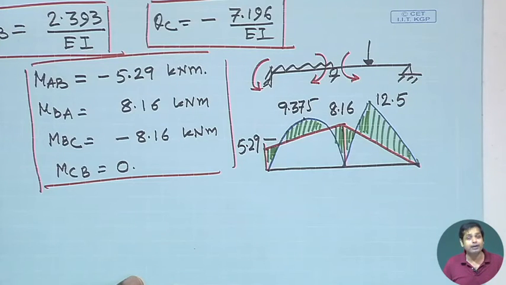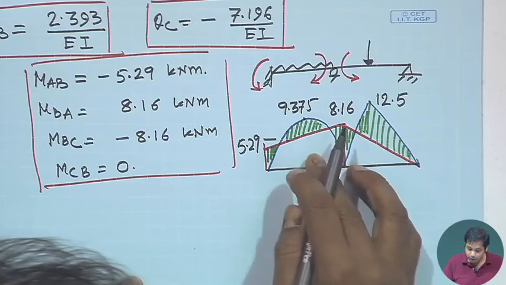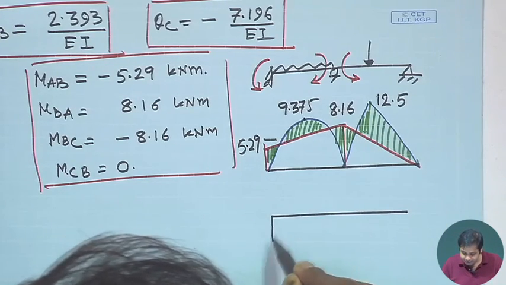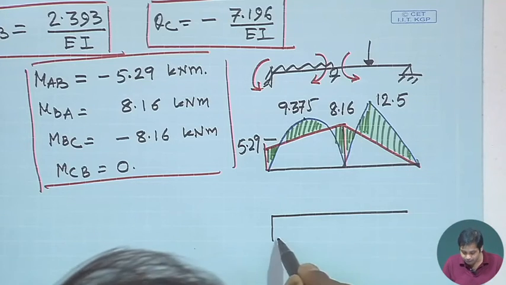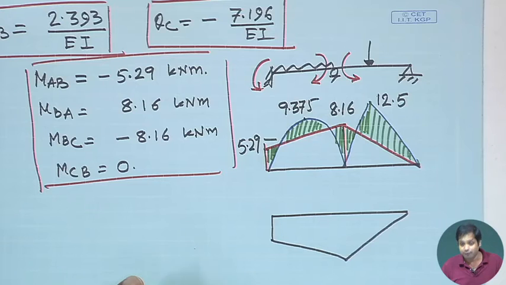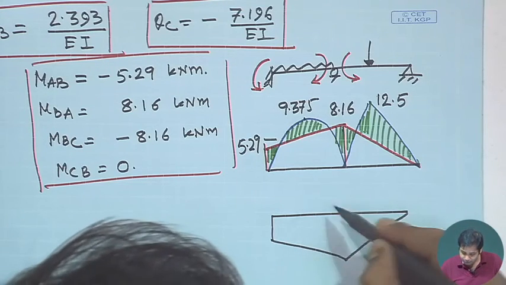9.375. Another way of drawing the bending moment that we also discussed is that you draw the bending moment like this. First you draw the negative bending moment, which is like this, and from the negative bending moment we can draw the positive one.